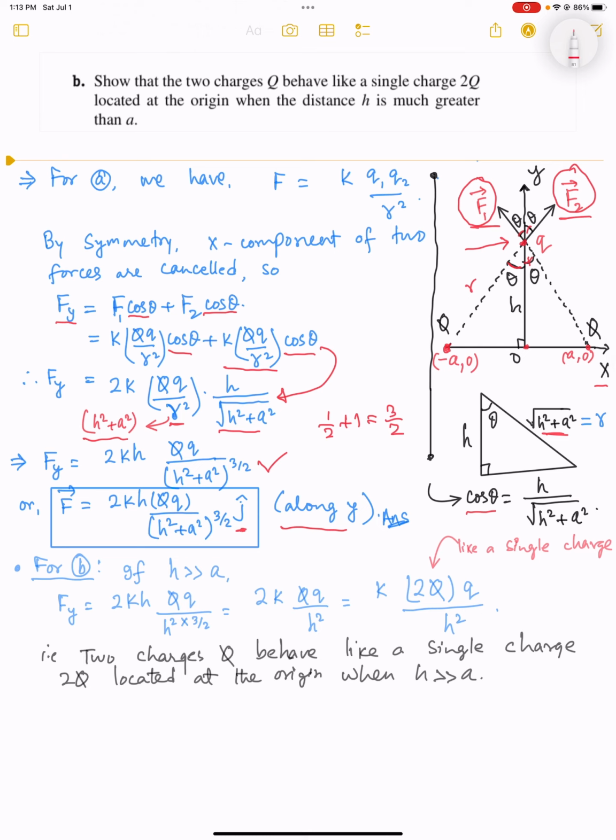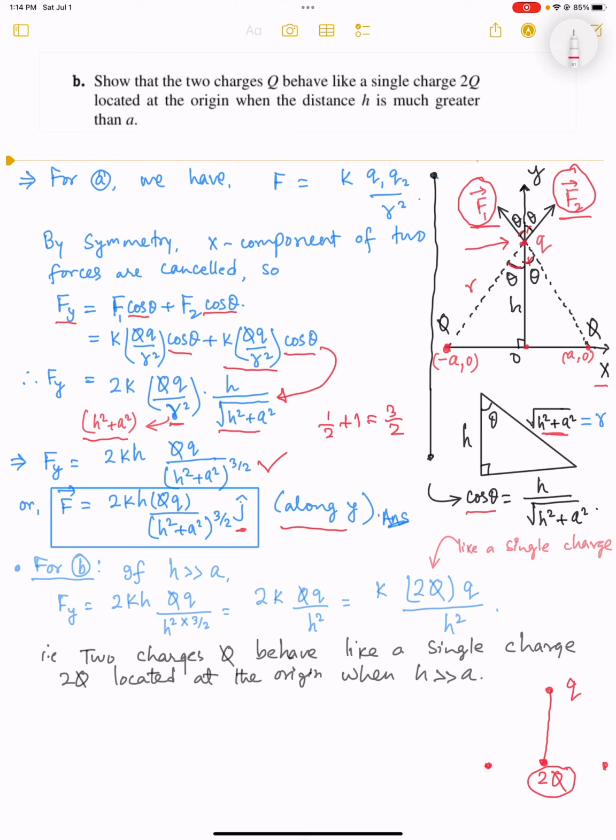So we have to show that these two charges, instead of being on the two sides of the origin, are similar to a single charge 2Q located here, and the force is nothing but that of a single charge 2Q. So we have to show that.